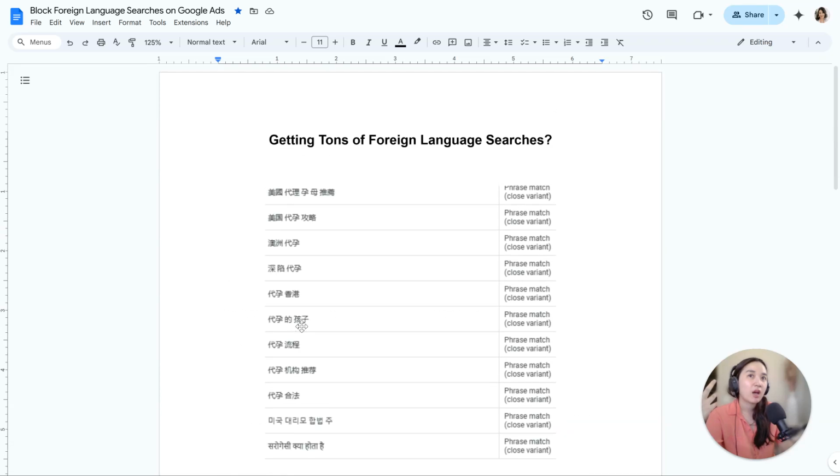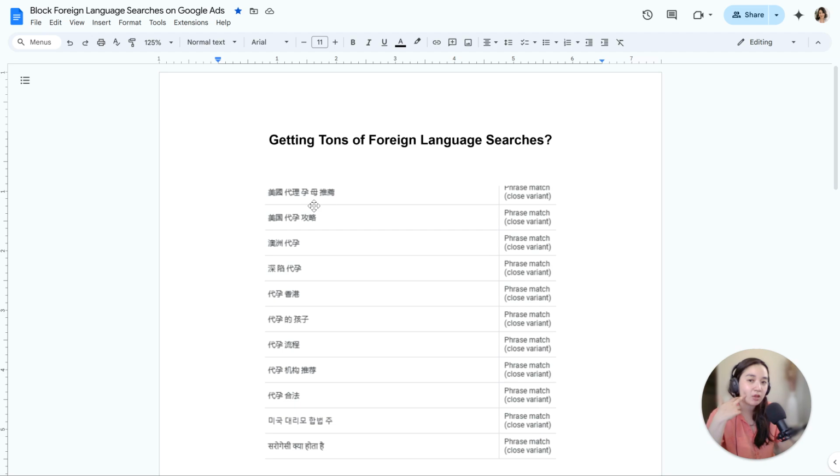Next, if you don't know these foreign languages, you can go to ChatGPT and have ChatGPT come up with negative keywords in these languages. So the first thing is, if you don't want to even appear for these in your search term report, you can block them, add them as negatives, and then from there use these and potentially go to ChatGPT and ask it to come up with other negative keywords that it could use for this type of business, and then also have them translate it for you in English so you know that you're not blocking out anything that is completely relevant.